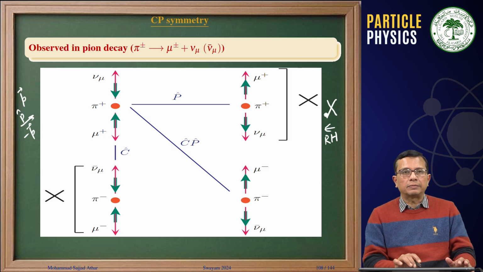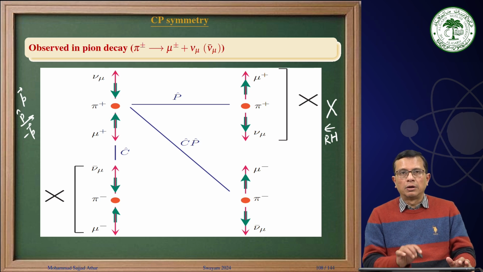Similarly, if we think of charge conjugation, it does not see the linear momentum of the particles or the spin of the particles. Therefore, they will be unchanged, while particles will be changed to antiparticles.